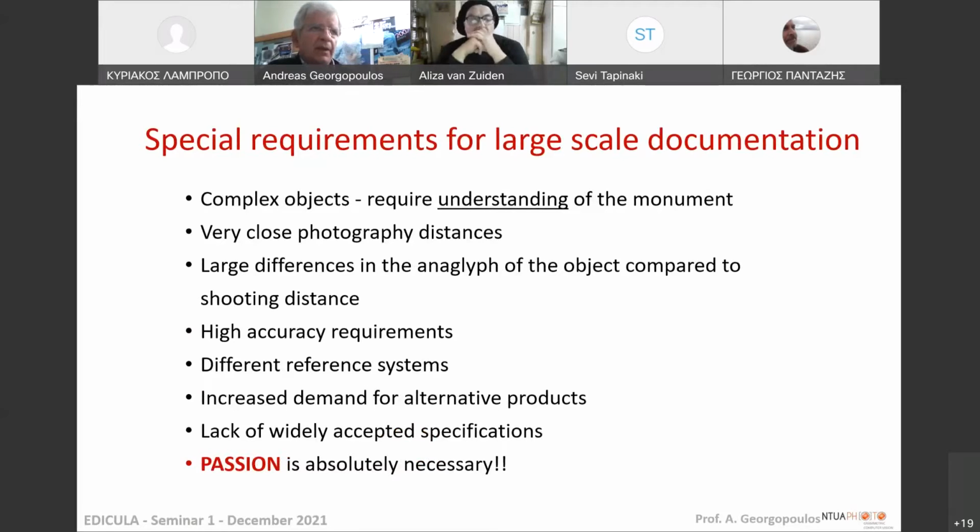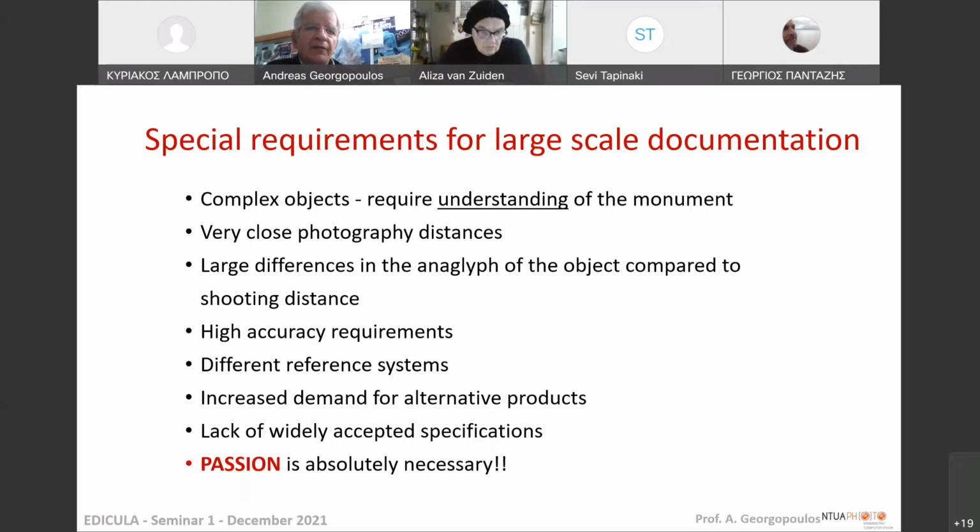And this is where interdisciplinarity comes in. We have to be very close to the object to take images, and this makes the base of the object very big compared to the shooting distance, and this adds to the difficulty of the processing. The accuracy requirements are usually very, very high.